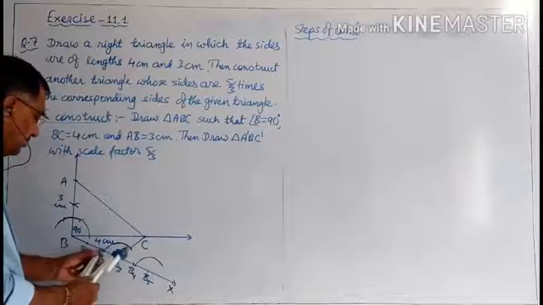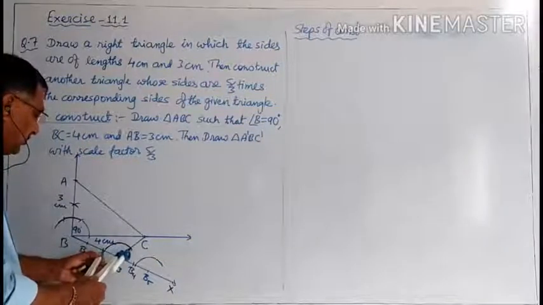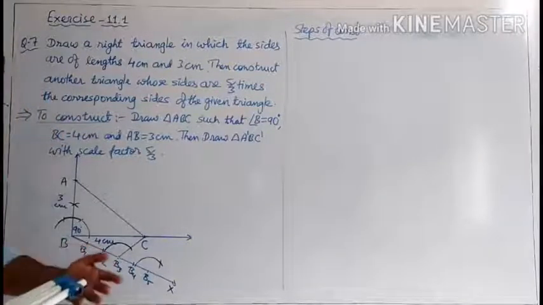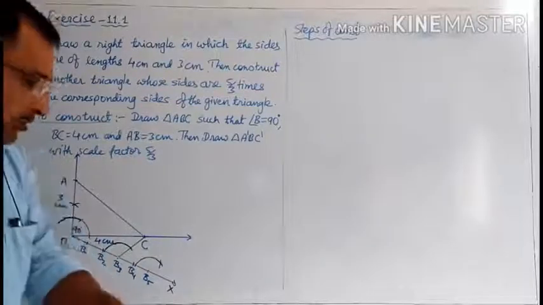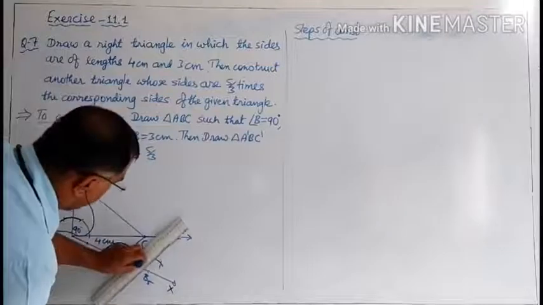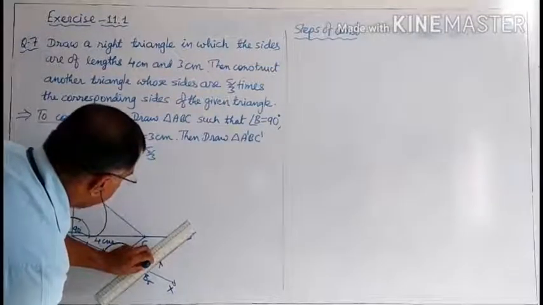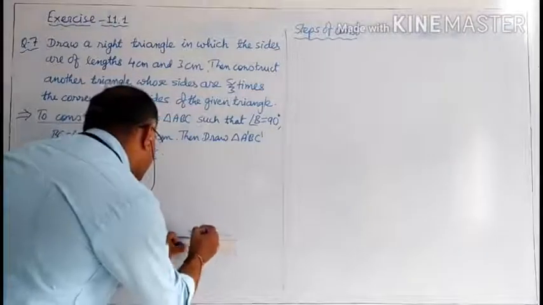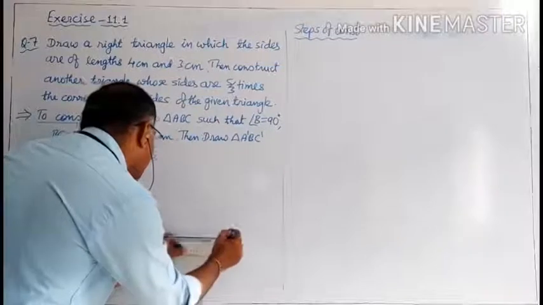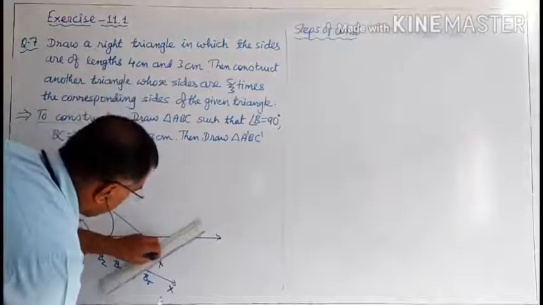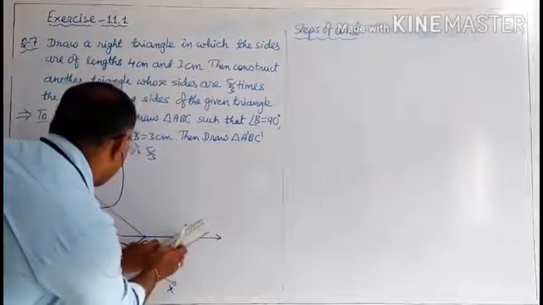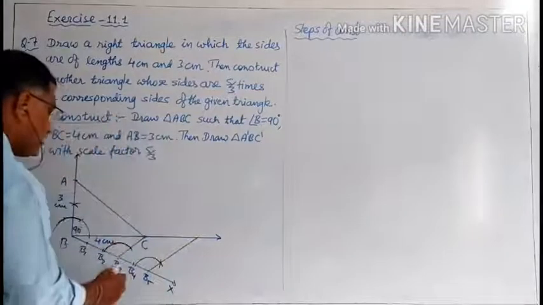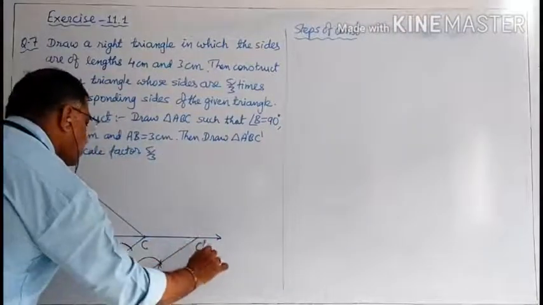And taking distance equal to this and this center, draw an arc. You will get a point. Using that, we can draw a line parallel to this B3C and intersecting, now it is parallel to B3C intersecting at C dash.